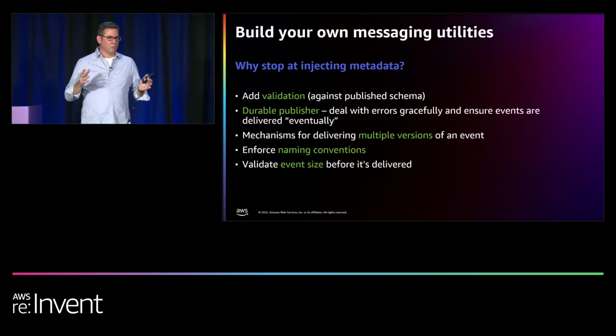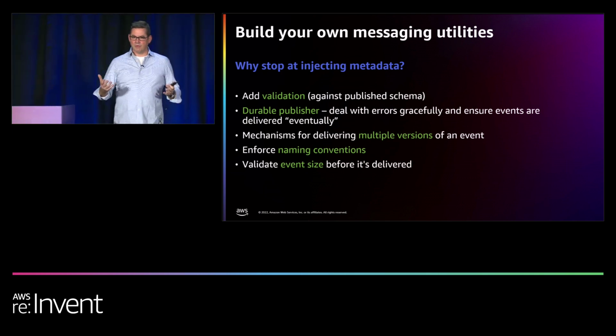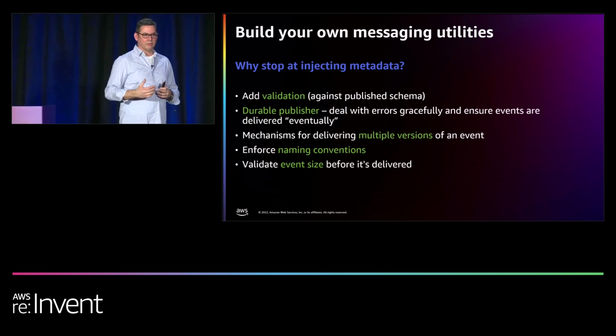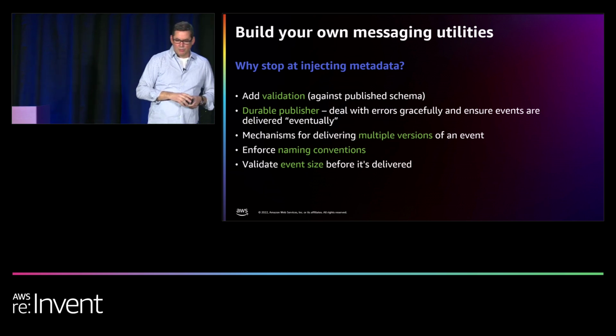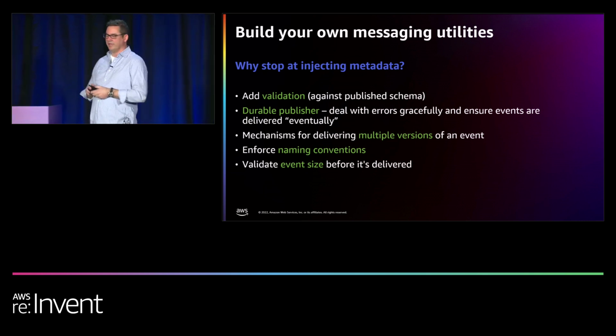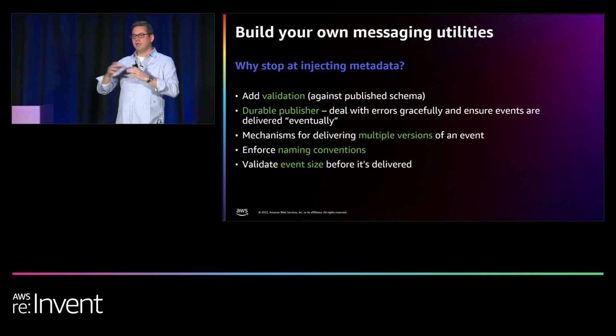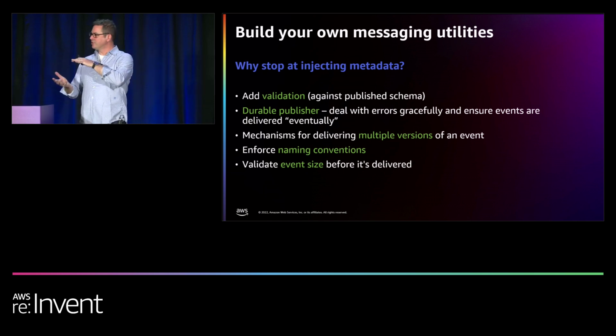Because after all, once an event is published, it just doesn't disappear. We want to maintain consistency in an environment and make sure we publish every event. And we also need to make sure that we're validating potentially things like naming conventions and making sure that the events that we publish meet the constraints around message size that EventBridge has.